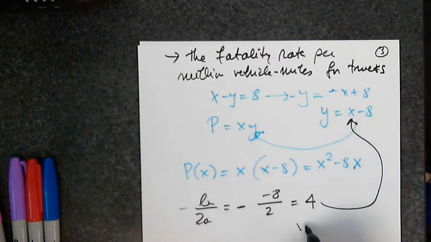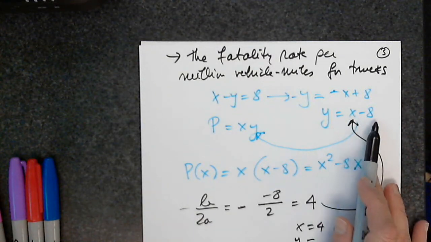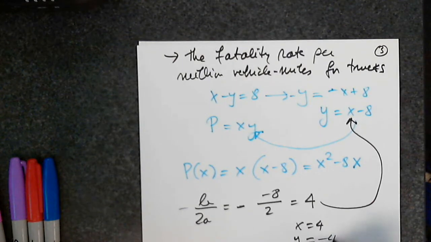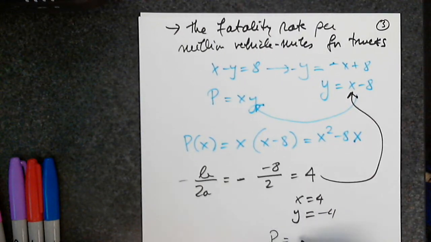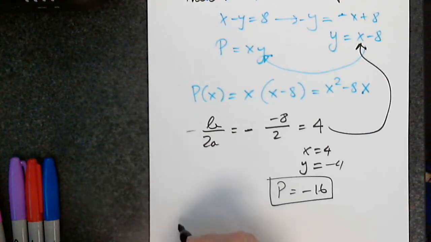If x equals 4, can anyone give us y? 4 minus 8 is negative 4. So then the product, which is the minimum product, is negative 16. So I have to write this as the final answer.